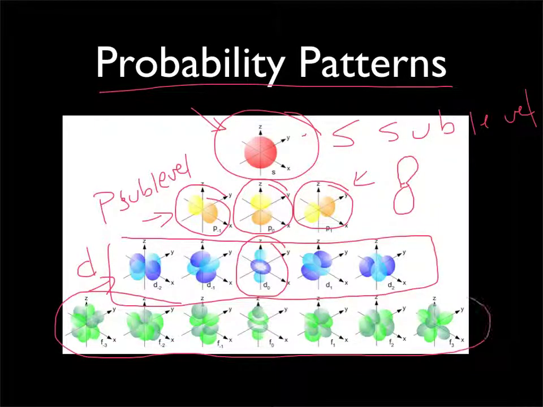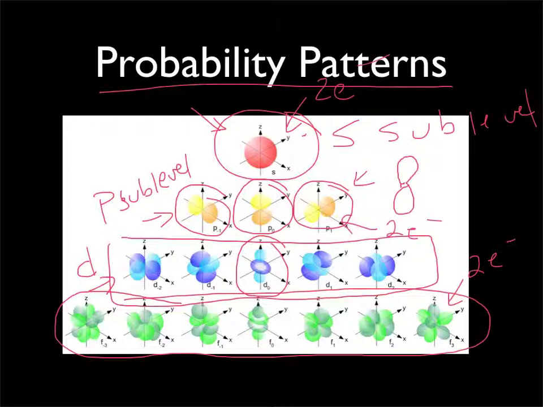These guys down here look pretty weird. 7 orbitals, 7 beds. Each of these things can hold 2 electrons.